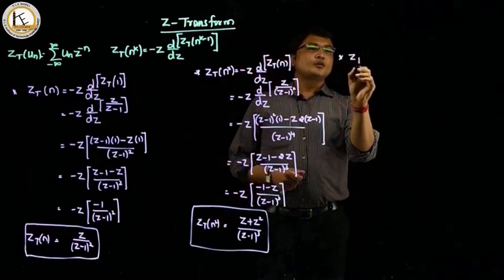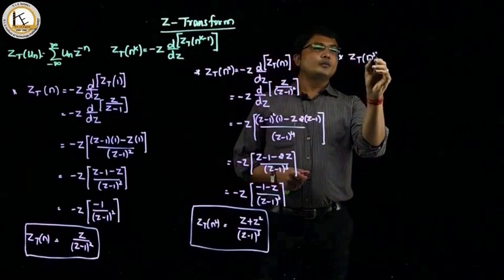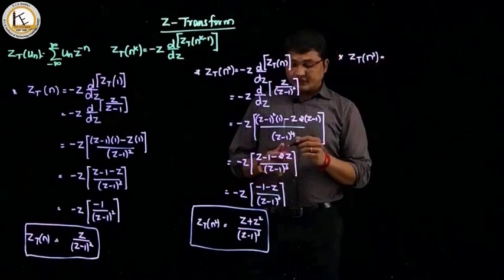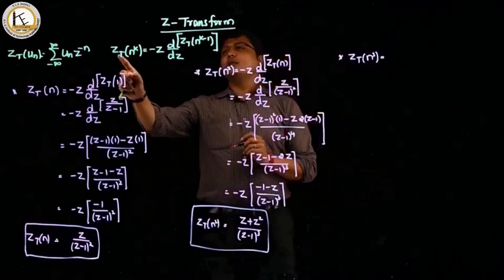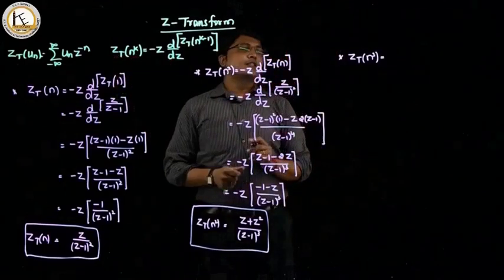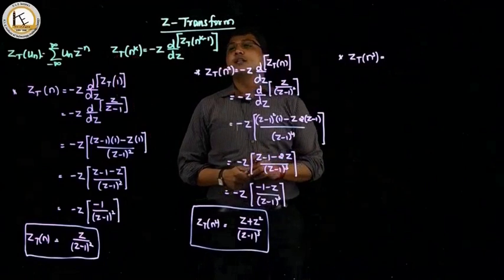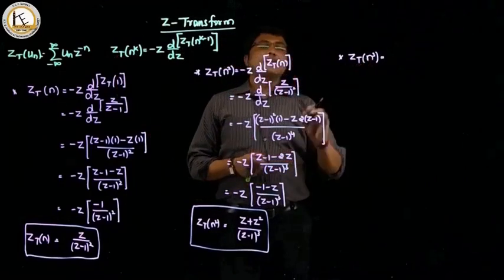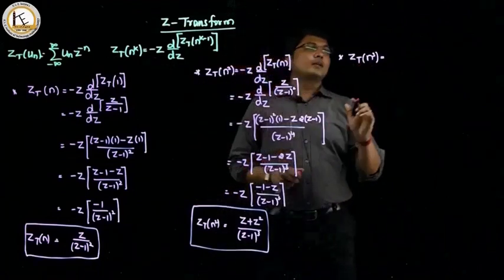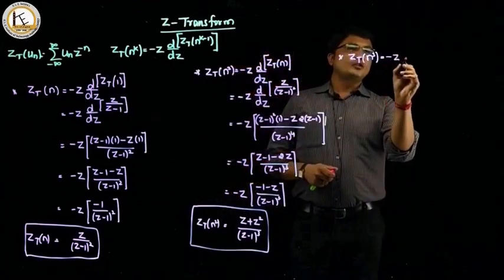Similarly, we can derive one more standard form, the Z transform of n cube. So Z transform of n cube is equal to, again we find the Z transform of n cube using the standard form. Z transform of n raised to k is equal to minus Z into derivative of Z transform of n raised to k minus 1.